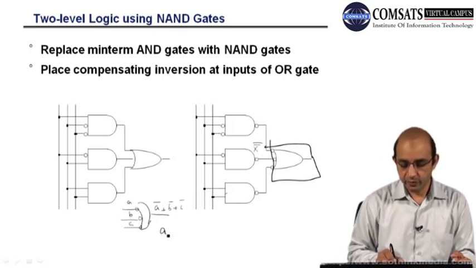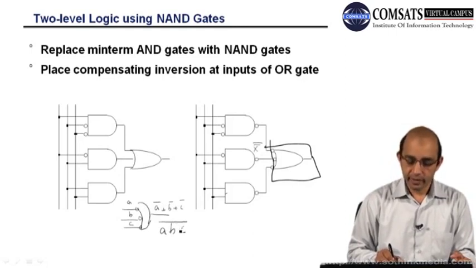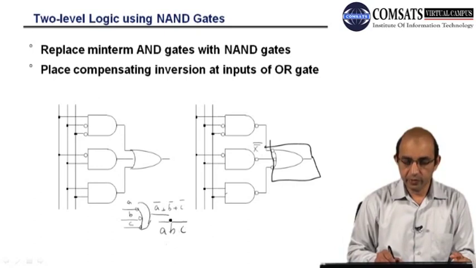If I want to write them in compact form, I will follow DeMorgan's law: break the line and change the sign.